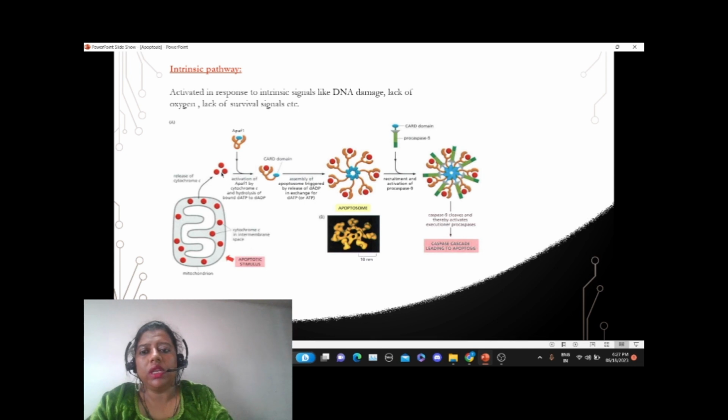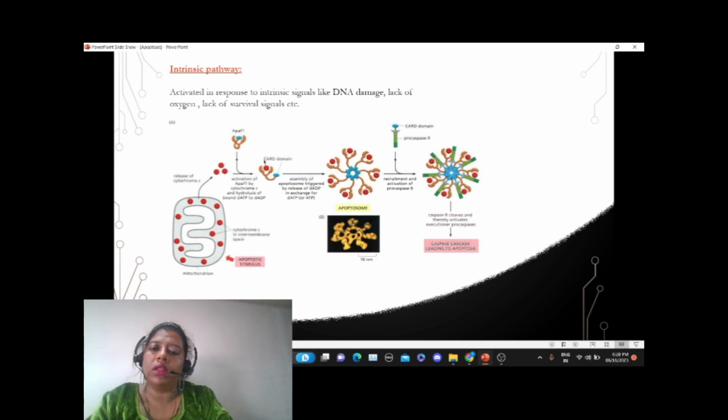Now, this protein generally resides in the intermembrane space of the mitochondria. But in case of any kind of cell damage, this cytochrome C is released into the cytosol. After being released into the cytosol, it will activate a protein known as APAF1, by hydrolyzing the bound ATP of APAF1.